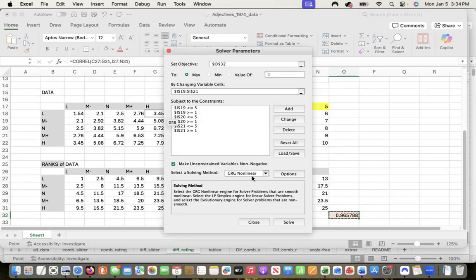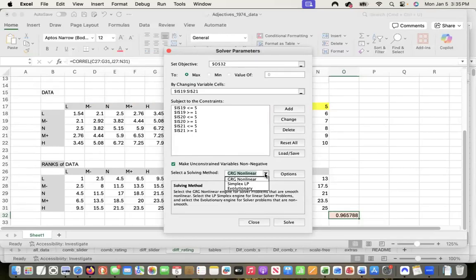Now, normally when you're fitting numerical values, this is a good algorithm for maximizing or minimizing something. But in this case, because we are going to have changes of value that won't change the rank order, the objective function will have flat places in it. Because we have that kind of situation with flat places, normally with minimization or maximization problems you try to find the slope, and if there's no slope, then you think you're at a local minimum or a local maximum.